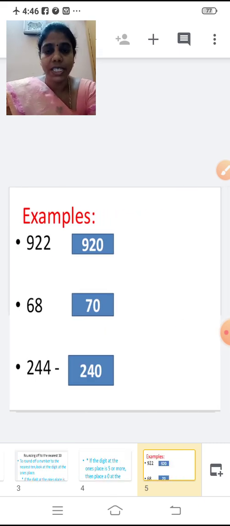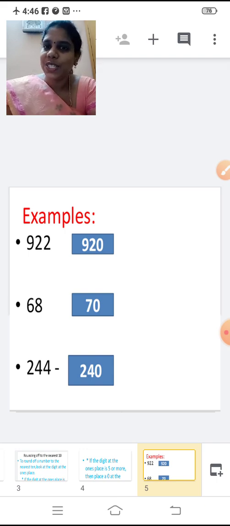We'll see some examples. 922. Now we are going to round off this number to the nearest 10. So see the digit at the ones place. What digit we are having in the ones place? 2. It is less than 4. If it is 4 or less than 4, what you have to do?